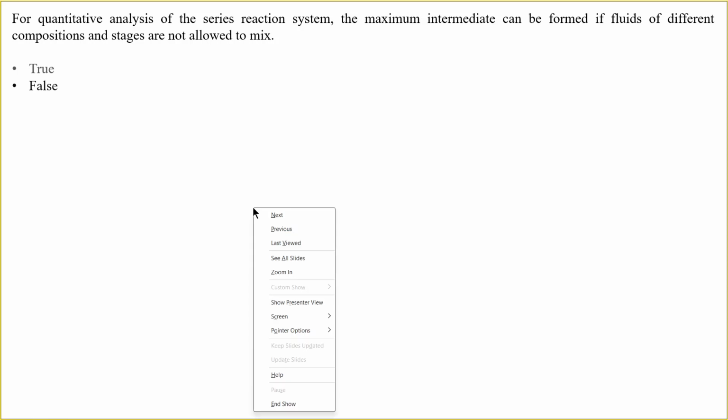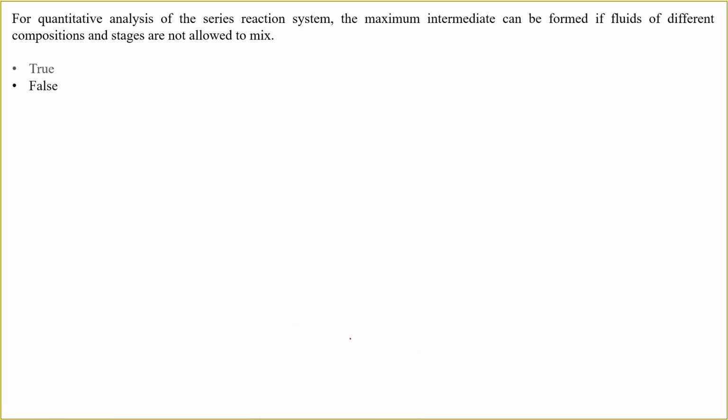Now, in a series reaction, what happens is that we have a reactant forming the intermediate, and then we have the final product formation, so going on.